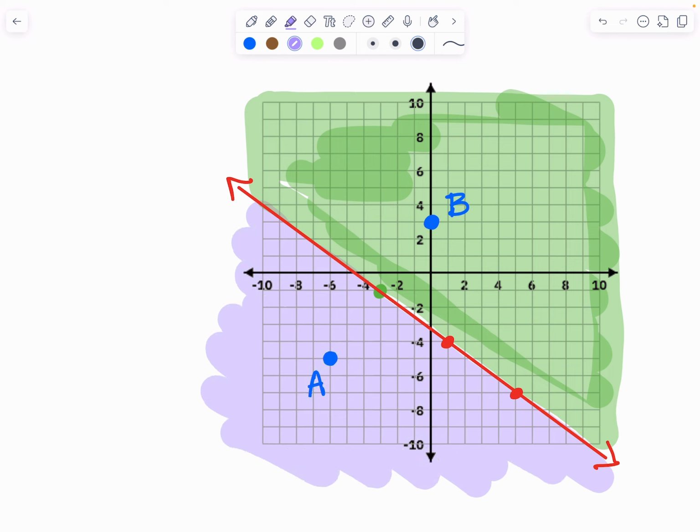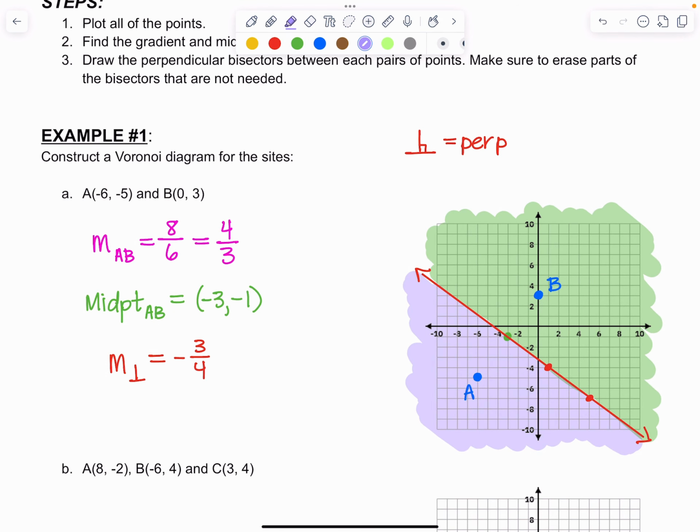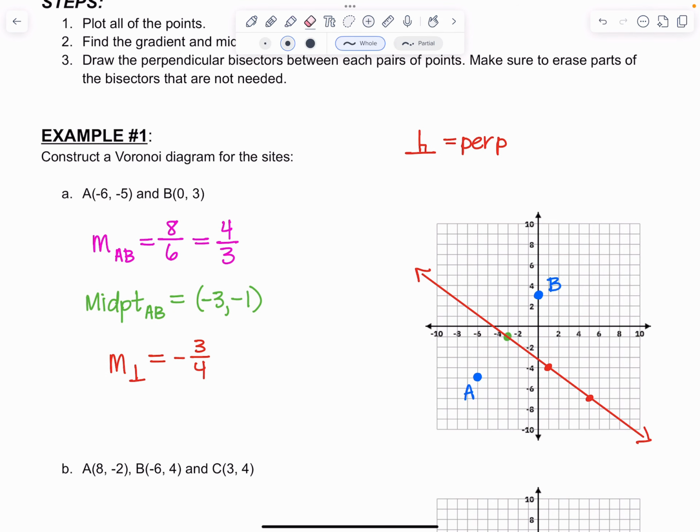So that perpendicular bisector is going to divide the space directly between those points. Any point that's on that line is the same distance from A to B.